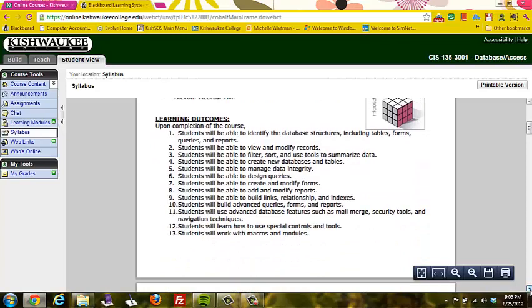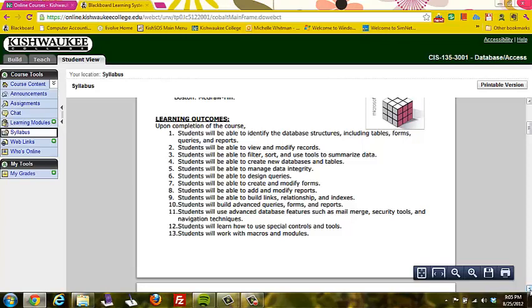Here are the learning outcomes. This is going to give you some information about what you're going to be doing in this class. One, we're going to be identifying the different database structures, including tables, forms, queries, and reports.